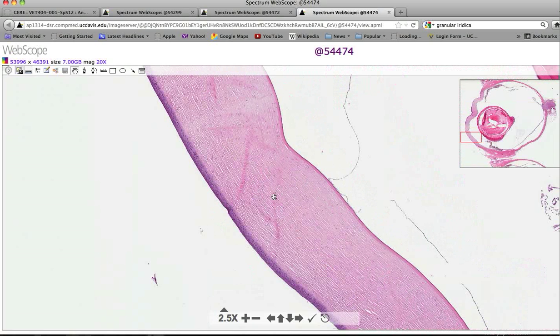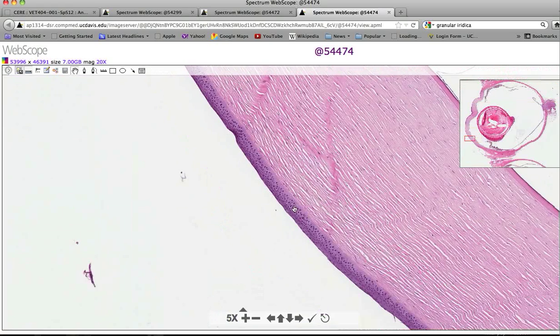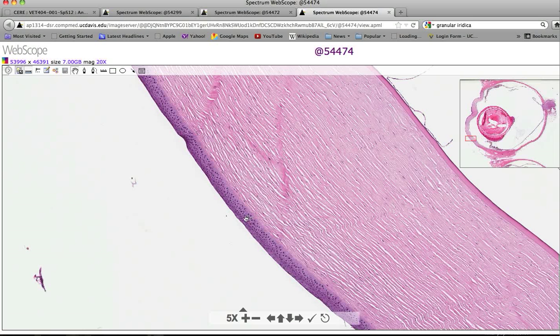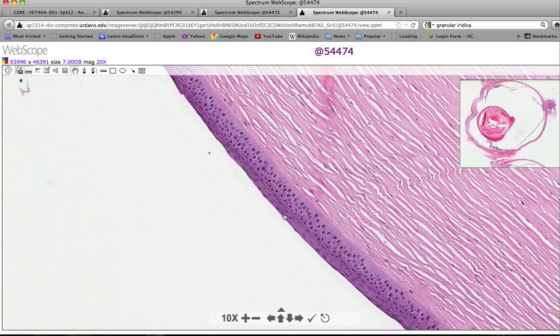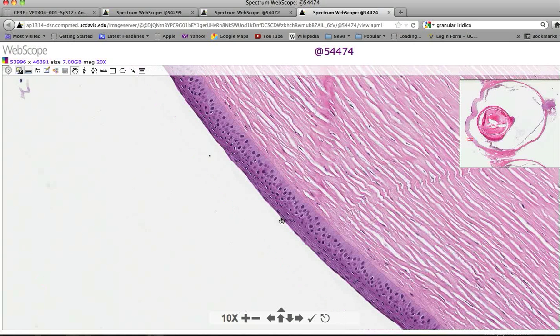So the major components of the cornea are the corneal epithelium, which remember is a stratified, non-keratinizing squamous epithelium. So stratified means it's many layers, squamous because they are squamous cells, but non-keratinizing because the layers maintain their nuclei all the way to the surface and don't undergo the process of cornification.